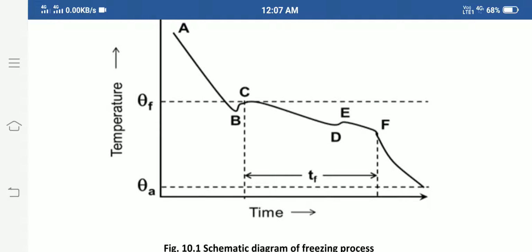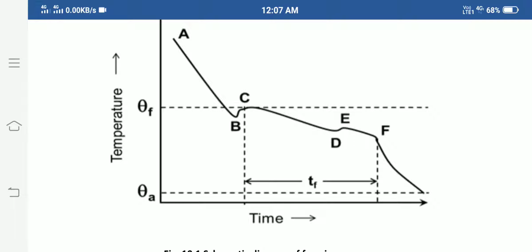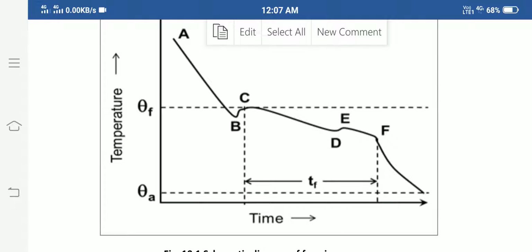First the liquid comes to the temperature below the freezing point, that is B, and then it increases to C, which is the freezing point of the particular product.